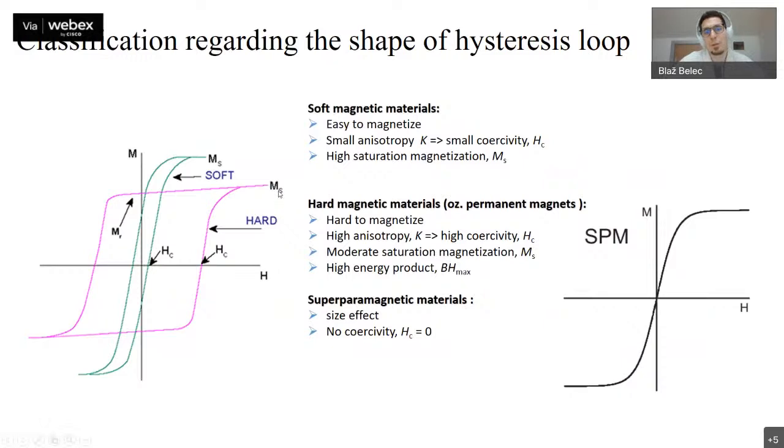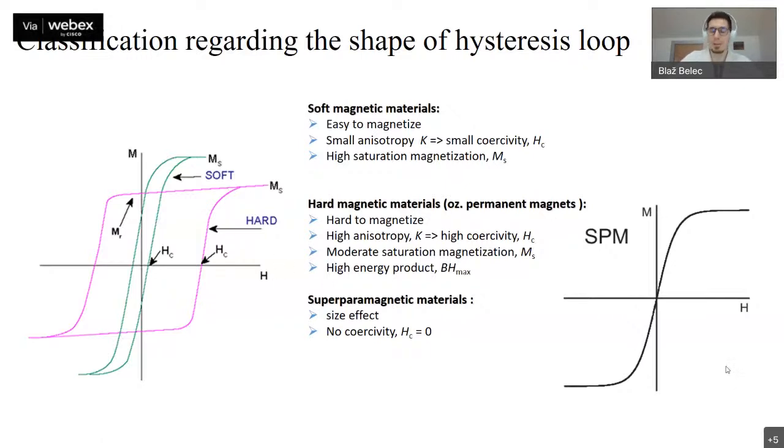They've got quite moderate saturation magnetization and really large BH max, so energy product. Compared to the soft magnetic materials, you can see here, saturation magnetization is smaller, but coercivity is bigger, and also the high energy product is bigger.